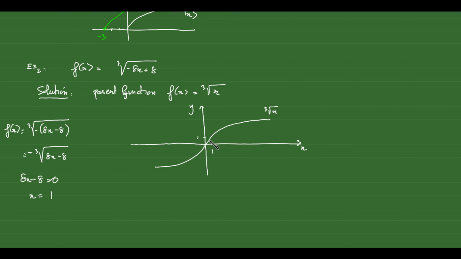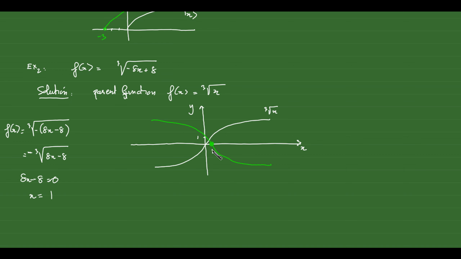It's going to go through this point right here, 1. I don't know where it cuts the y-axis, because this is just a sketch, so we don't know exactly the value on the y.